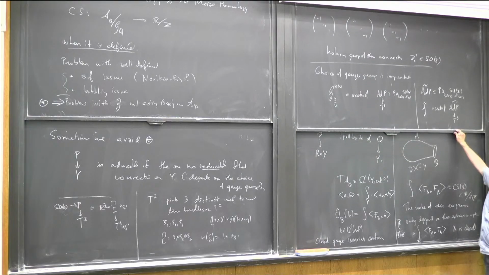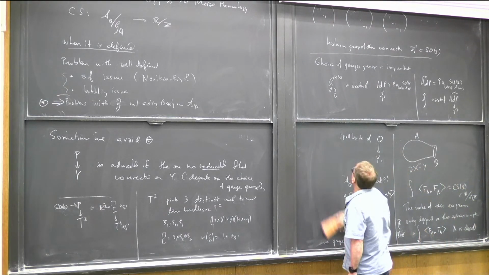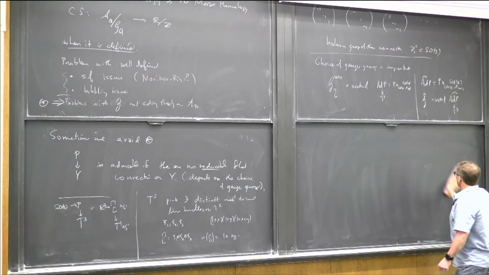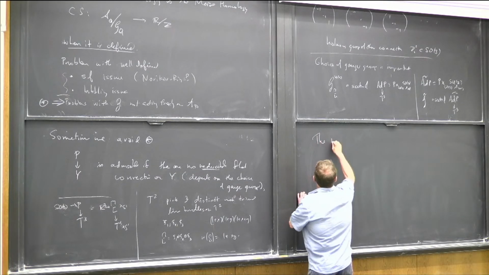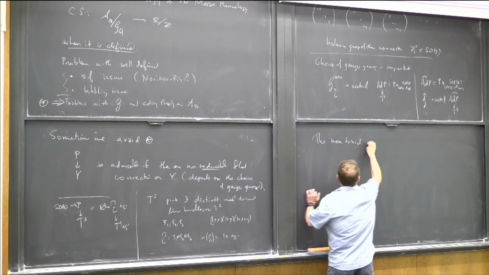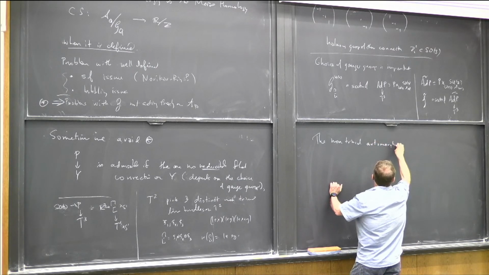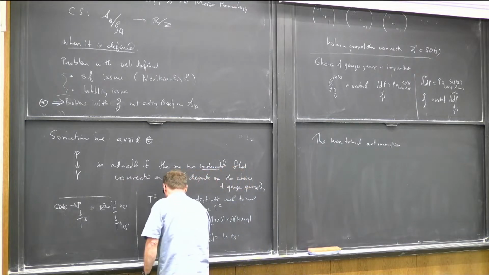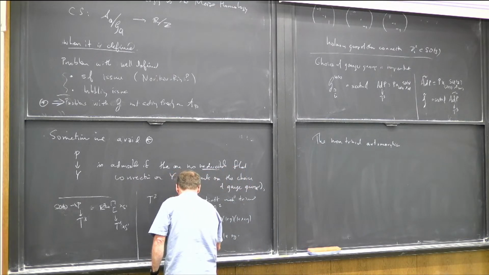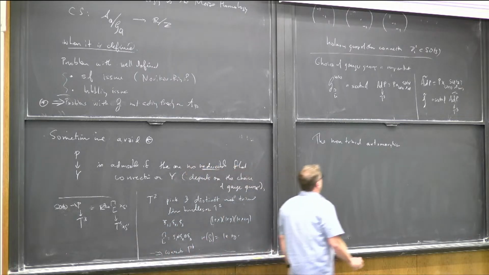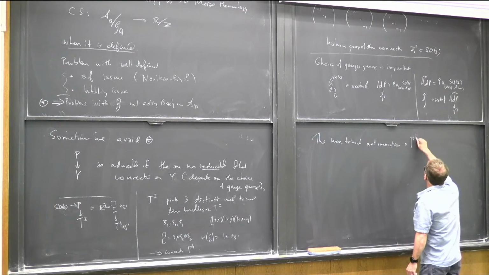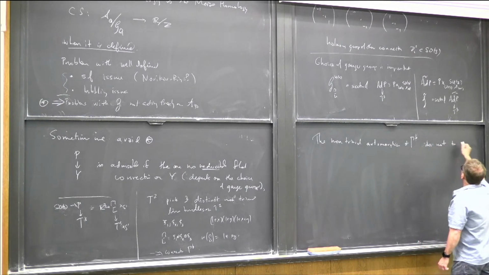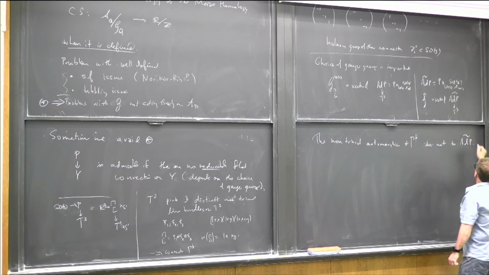Now, the observation is that these non-trivial automorphisms of my flat connection, let's call it gamma flat, these guys don't lift to ad P tilde.